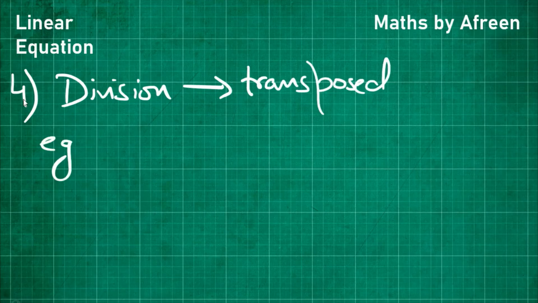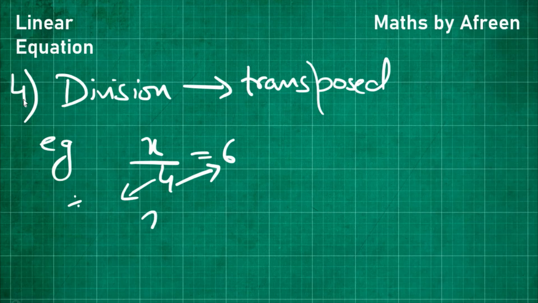For example, if I am taking x upon 4 equals to 6, so what we will do here, we will just transpose this 4 from the left hand side to the right hand side, and here we can see that the operator sign of this 4 is division. x divided by 4, 4 is the divisor here, so we will just transpose this 4 like this, 6 multiplied by 4.